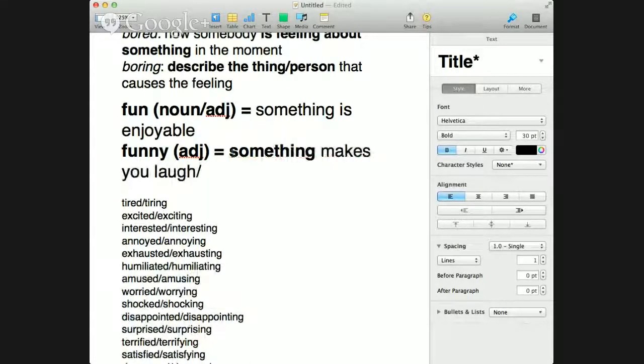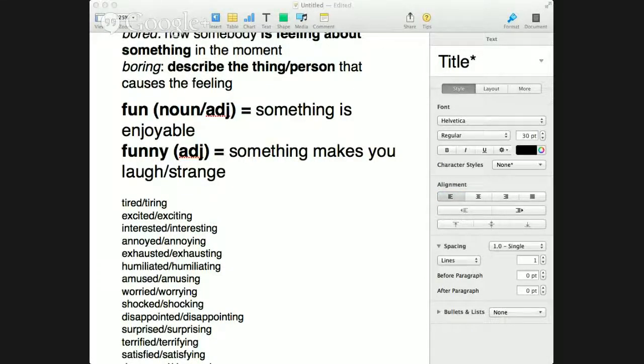If I say, something funny happened to me yesterday, I might mean something made me laugh, or something strange, something odd, unusual. Yes, very good. Strange, odd, or unusual. So I saw a funny man the other day and he freaked me out, maybe. So that's the difference between those two. Thank you, Elena. Very great description.